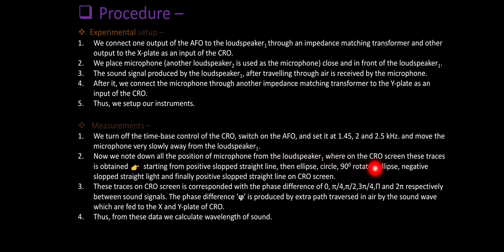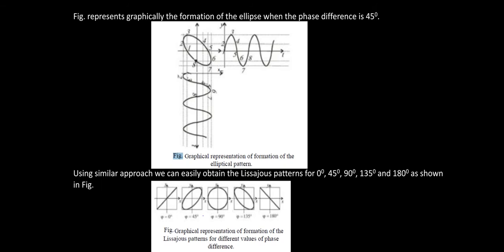On the CRO screen, these types of traces are obtained, starting from a positive sloped straight line, then an ellipse, then a circle, then a 90 degree rotated ellipse, then a negative sloped straight line, like this.